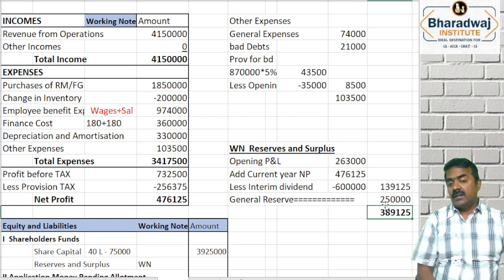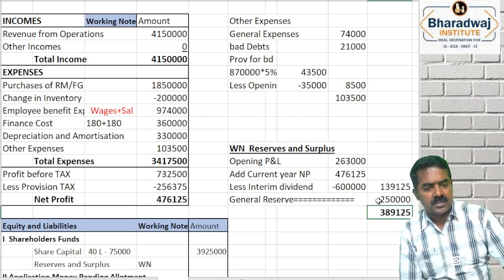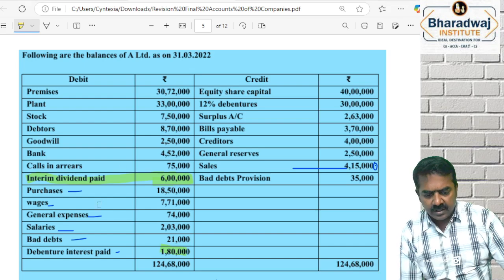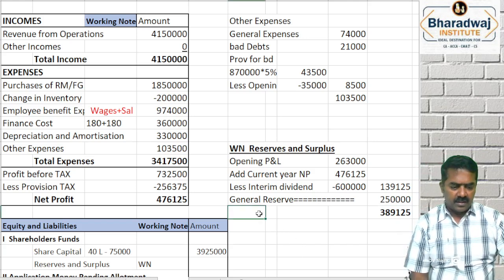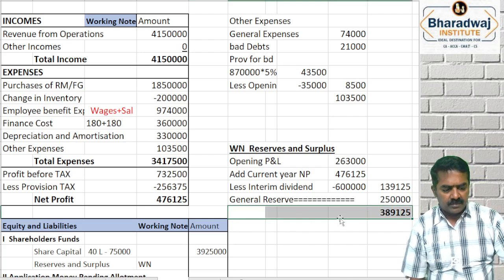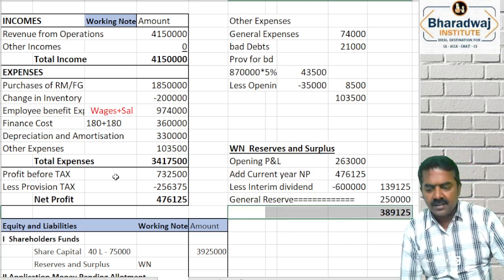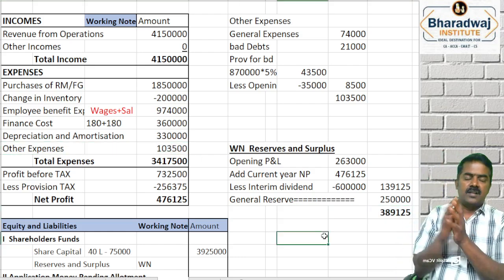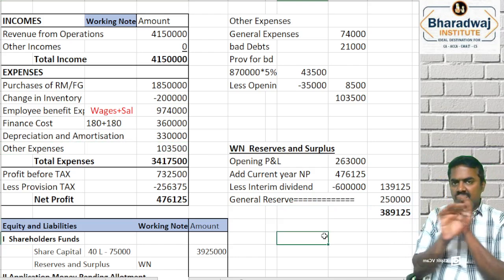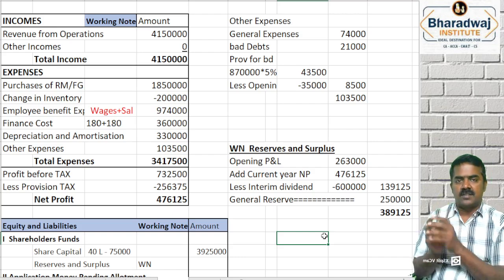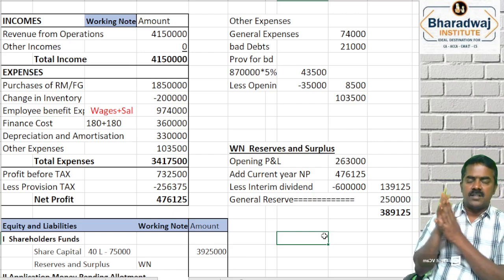And one more thing which is not covered in all these questions: if there are preliminary expenses given in the trial balance and nothing else is said in the question, that must be charged in the P&L account under other expenses, the full preliminary expenses.